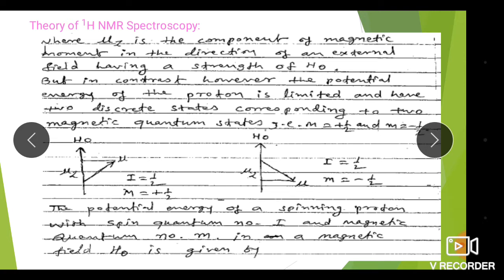Here mu z is the component of magnetic moment in the direction of an external magnetic field H0, mu is the magnetic moment, I is the nuclear spin, that is half, and m is the magnetic quantum number.